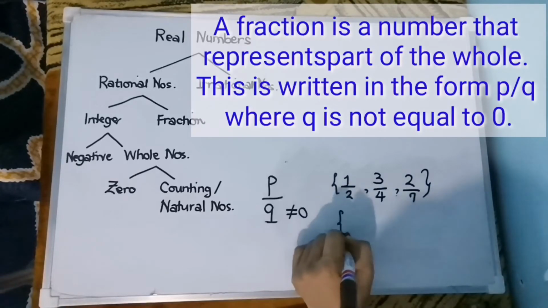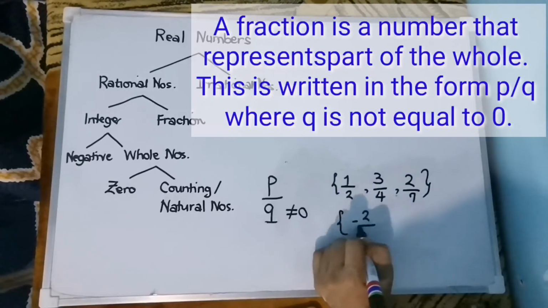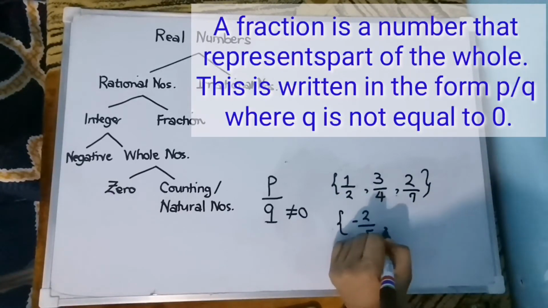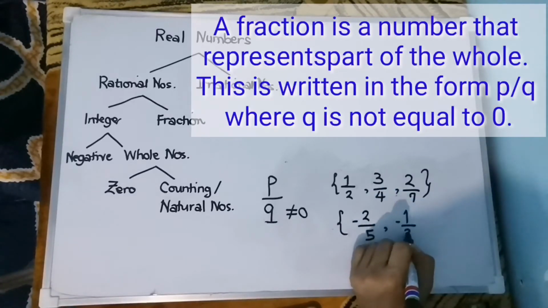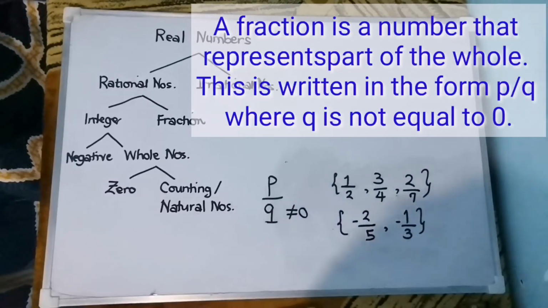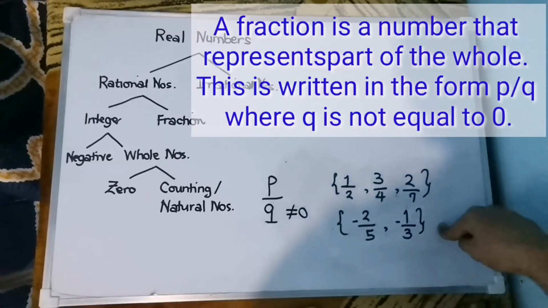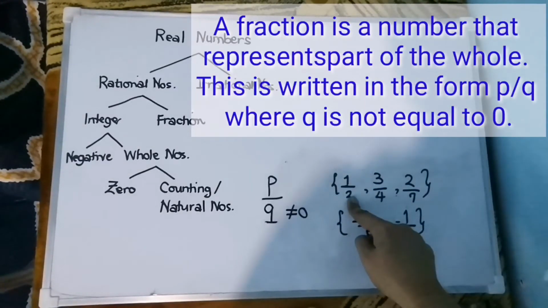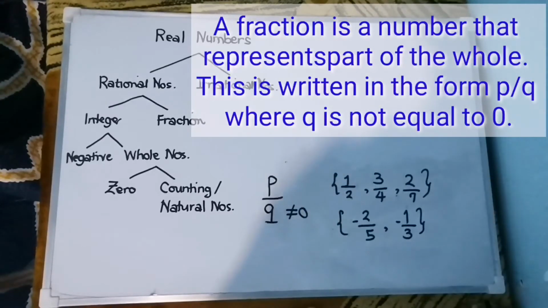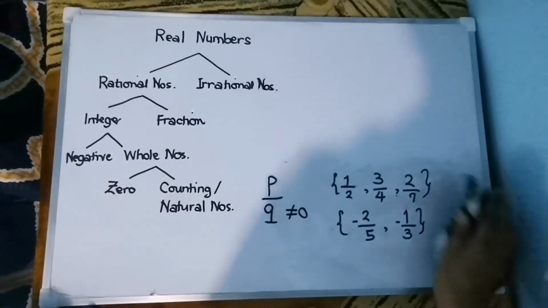It can also be negative 2/5, negative 1/3. Yan. So, ito yung ibig sabihin ng fraction. Wherein, sa representation ng 1/2, isang buo, hahatiin mo sa gitna, and then, kuha ka ng isang part nun. So, that is 1/2. So, that is a fraction.